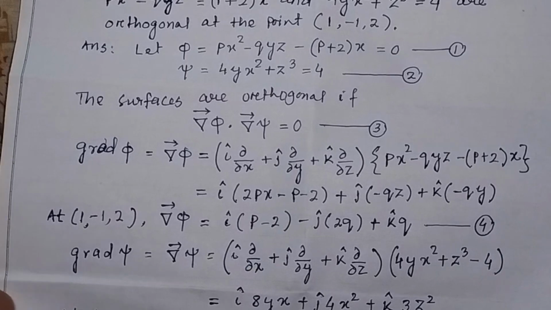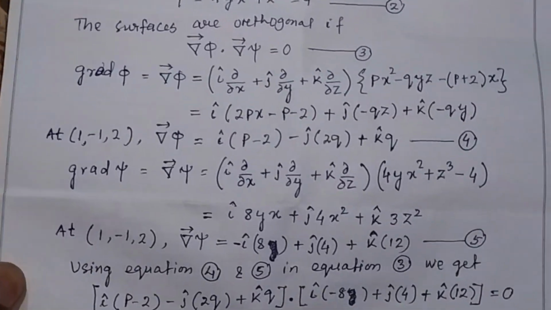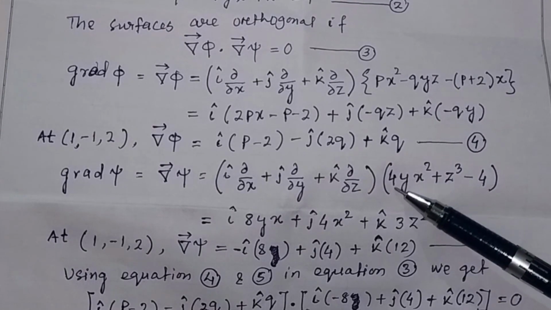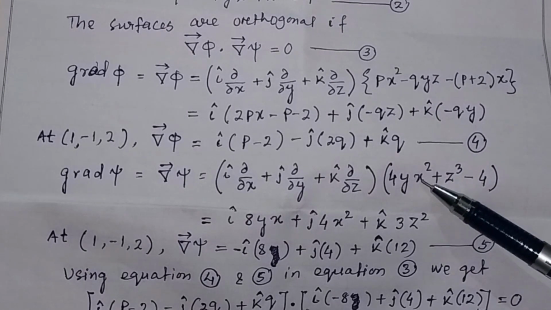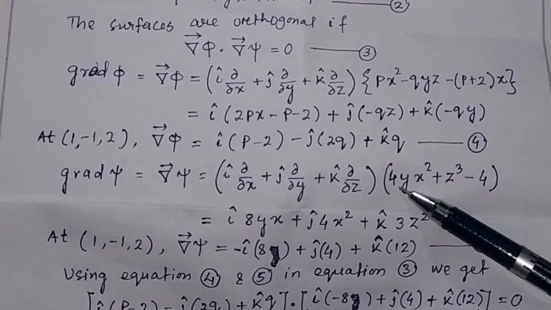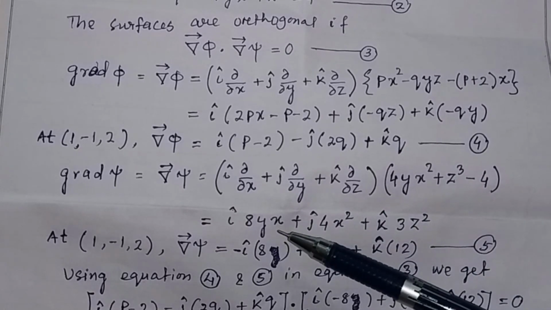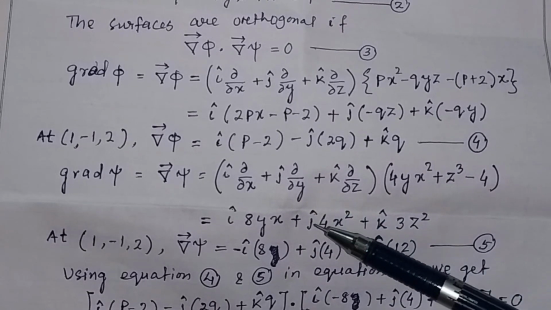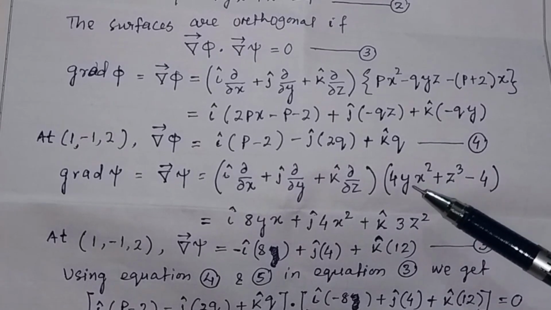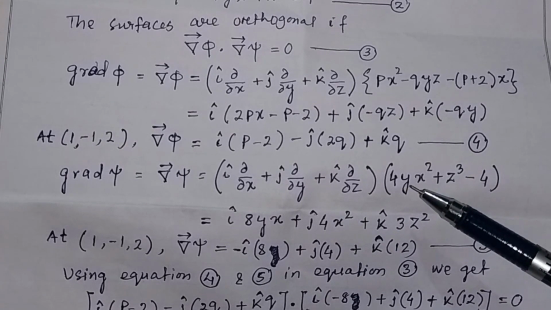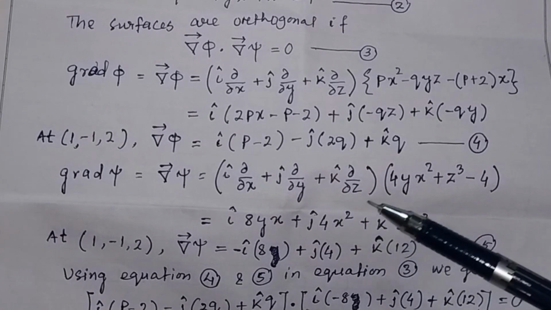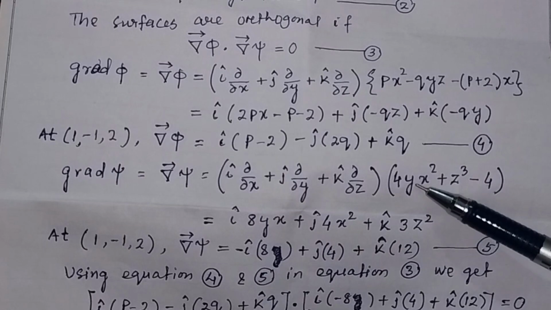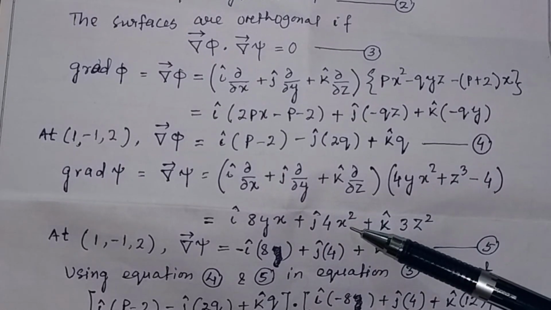The partial derivative with respect to x gives 2x, so 2 times 4, which is 8, so the i component is 8yx. For the j component, the partial derivative with respect to y gives 4 times 1, so 4x².